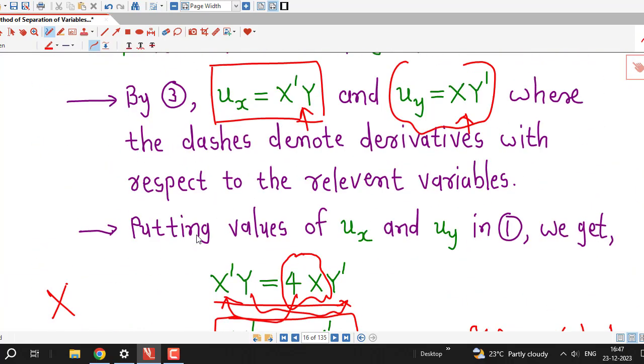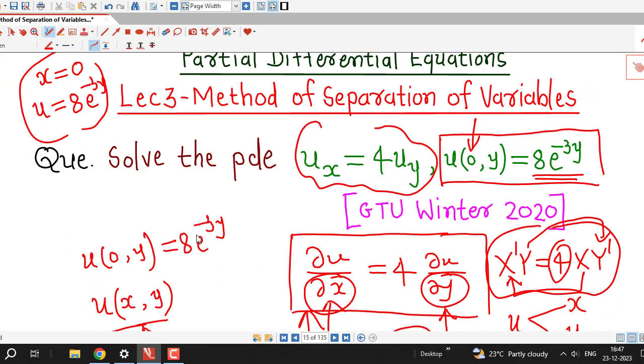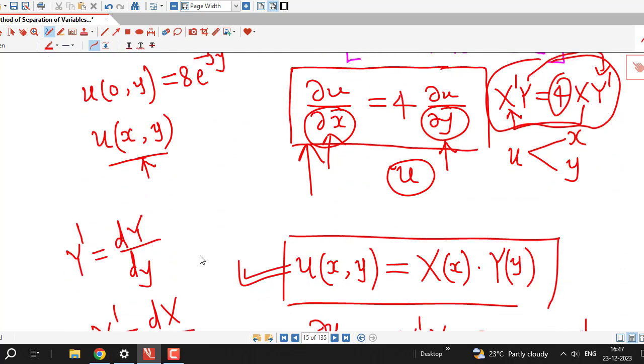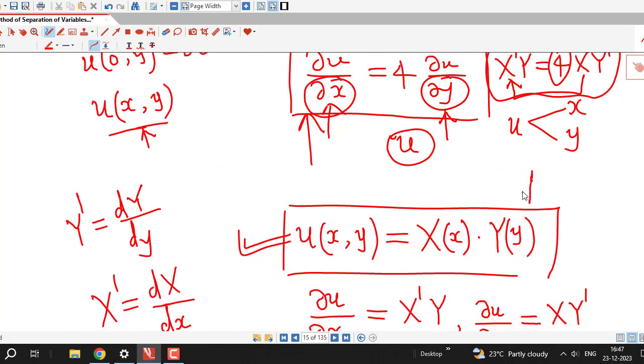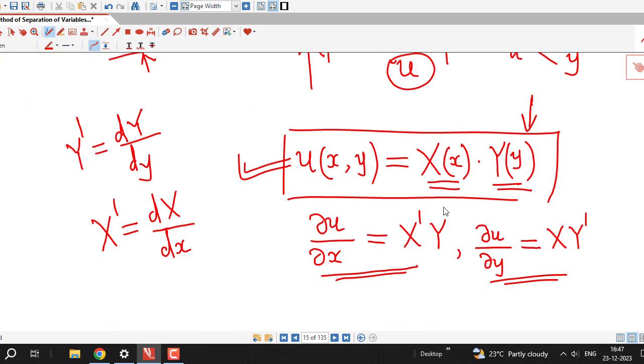You just have to remember that this is applicable for homogeneous and linear partial differential equations, and we have to first start with the assumption that the solution is in the product form. For that we have to decide what are the independent and dependent variables, and the number of terms in the product will be equal to the number of independent variables in the given equation.